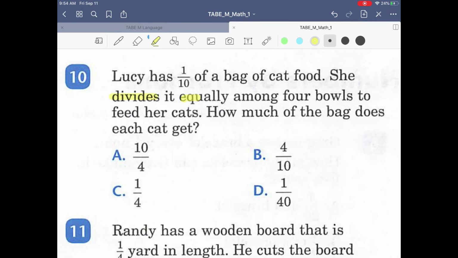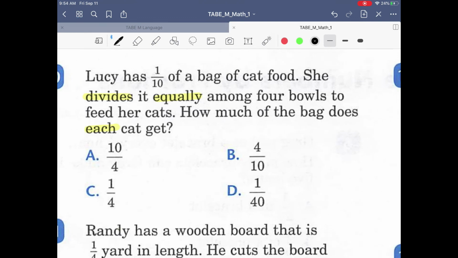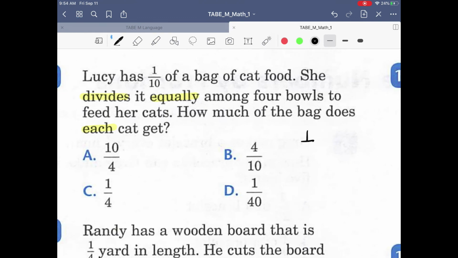So divide equally and each. They're really telling me what to do in this one. They're saying to take the 1/10, divide it equally among 4 cats. So 1/10 times 1/4 is 1/40 of the bag.